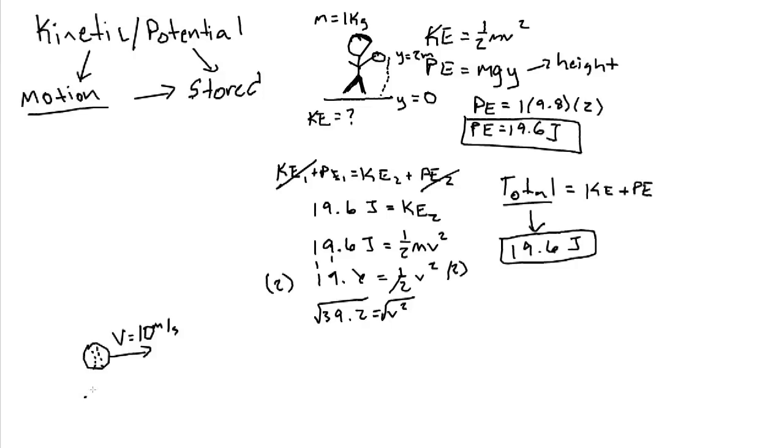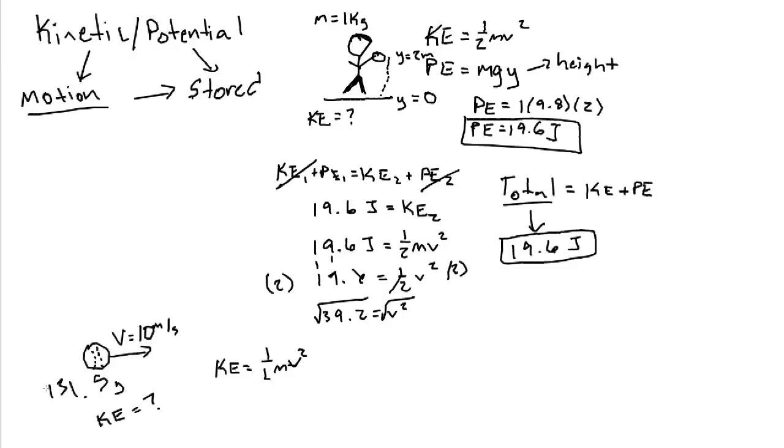Let's say the ball weighs 131.5 grams, and I want to know the kinetic energy of the ball. Kinetic energy is, again, 1/2 mv squared. The mass here is in grams.